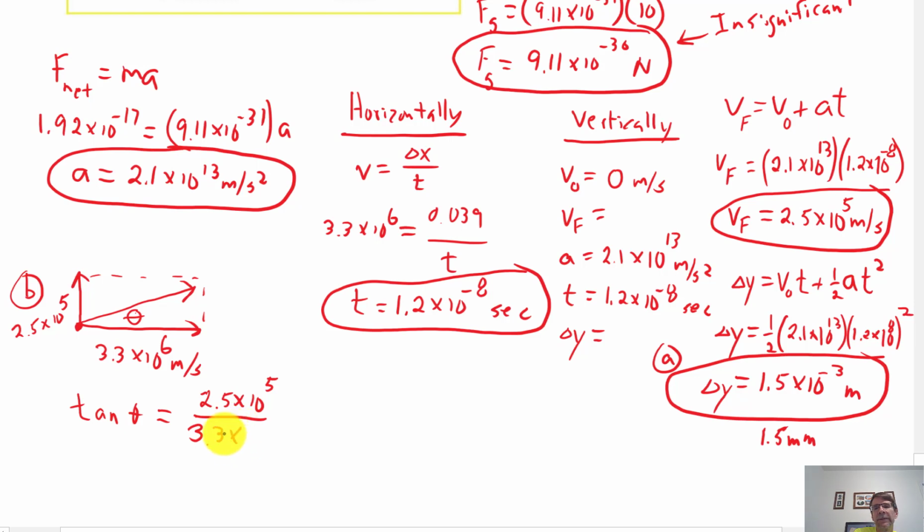So you divide that out and hit the inverse tangent button to get the angle. Inverse tangent of that ratio gives 4.3 degrees. That's the exit angle. There's a homework problem like this.